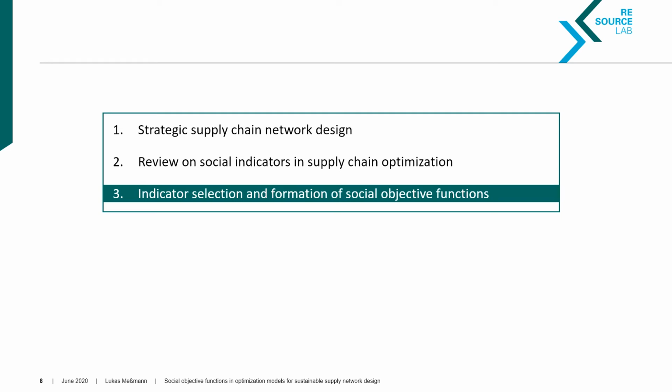And also, what I couldn't show you due to time constraints is that when a study has an objective function with different terms that have different units, just as our exemplary objective function, then what most studies do is just to put a weight to each of these terms, so that the overall unit of the overall objective function is just a social score maybe, but ultimately the information of the actual indicators is lost.